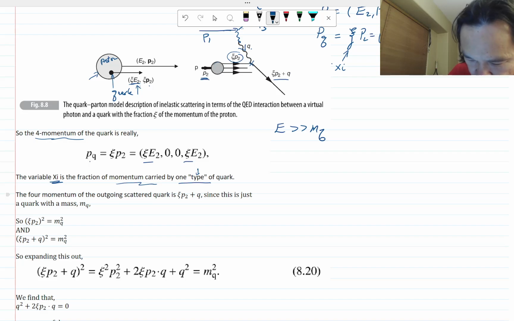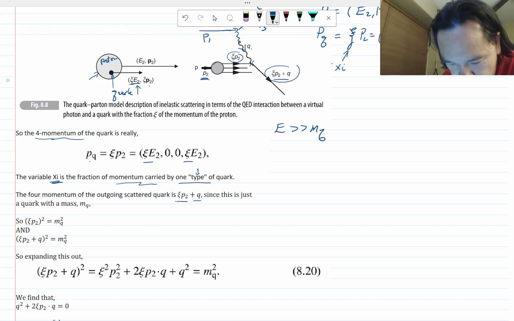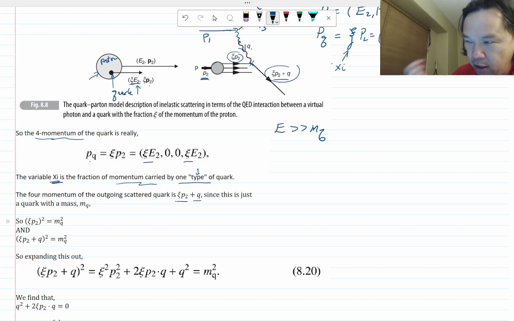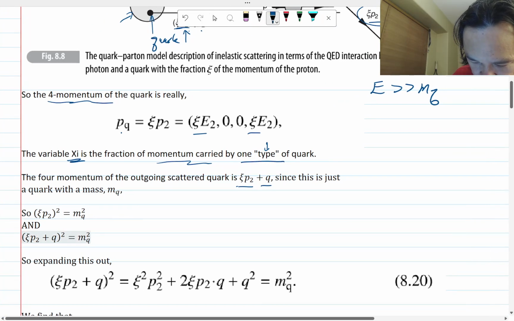Okay, so the four-momentum of the outgoing scattered quark is xP2 plus q, as we see up here. This quark still has mass mq. When you square the four-momentum of a free particle by itself, you get the mass of that particle squared. Therefore, (xP2) squared is going to be mq squared.